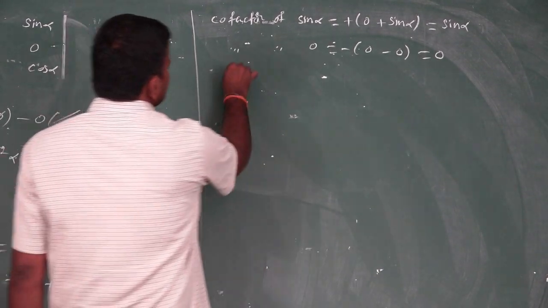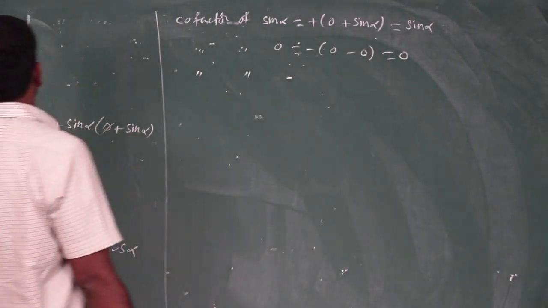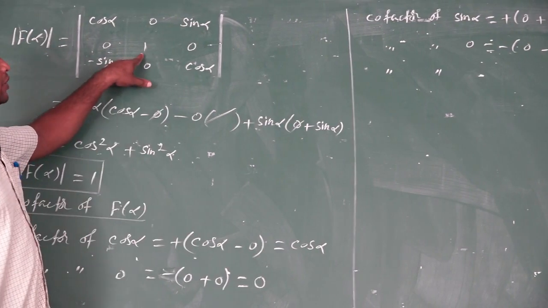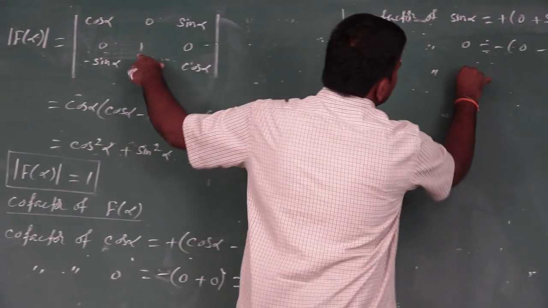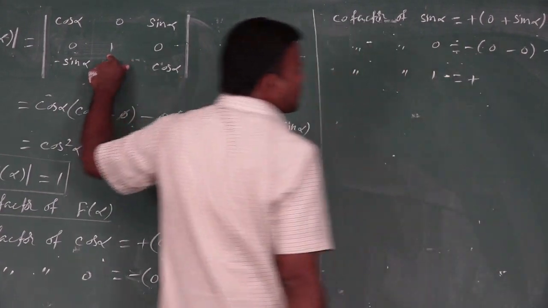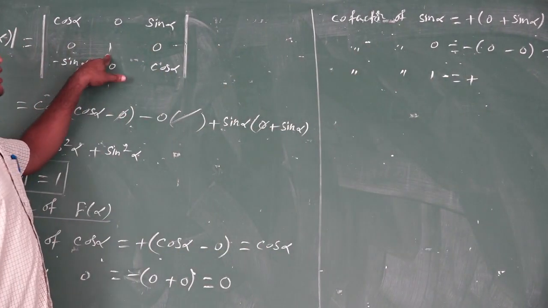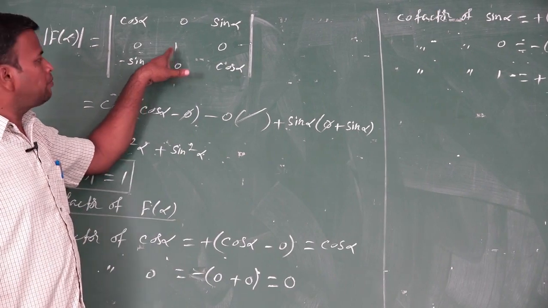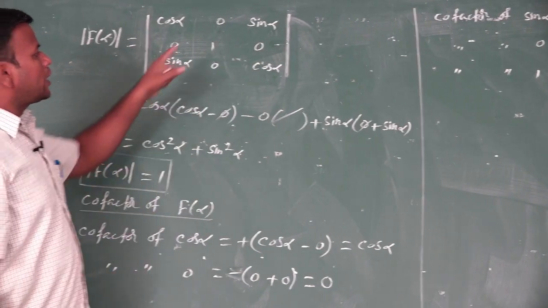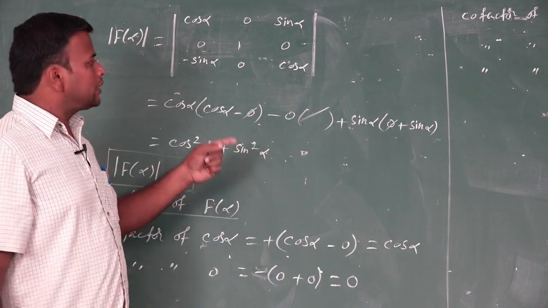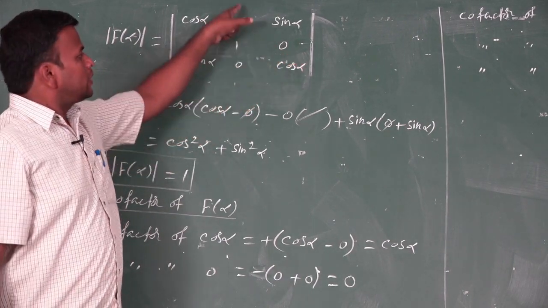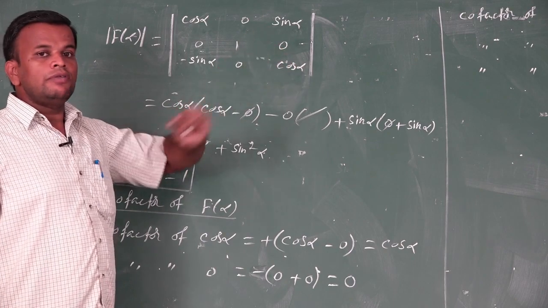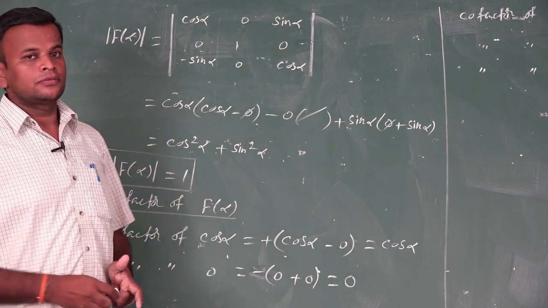Next one is the cofactor of, after 0 the next element is 1. Cofactor of 1. The place value sign is a plus. We put plus. We leave the number 1 occurring row and column. It occurs in the second column, second row. Second column, second row we leave. Then we multiply the remaining elements.